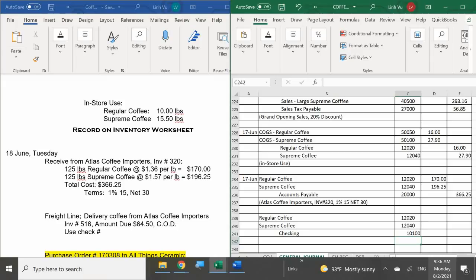I have a quick question. If it's cash on delivery, then how does the 1% 15, net 30 apply? If it's received, then if it's cash on delivery, you pay it when you receive it. Well, in this case, this is two separate transactions. The first one's from Atlas Coffee. The second one's from a different company. Okay.